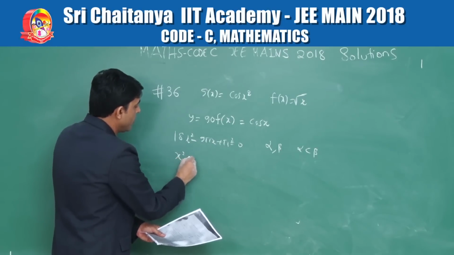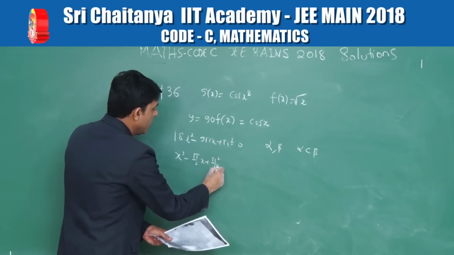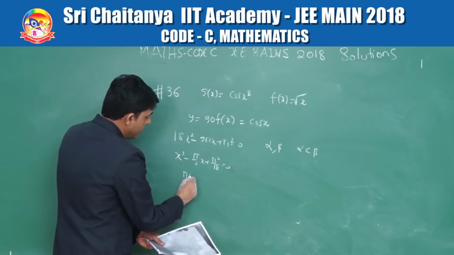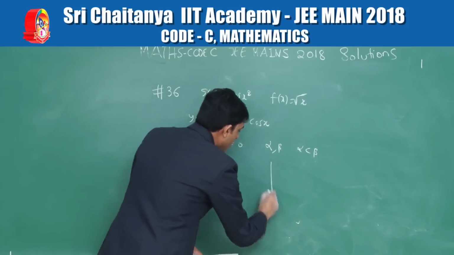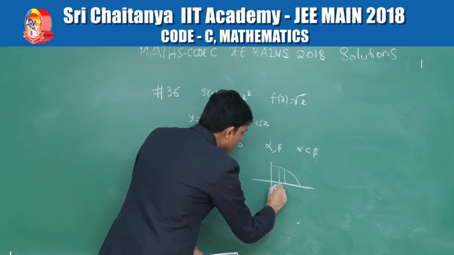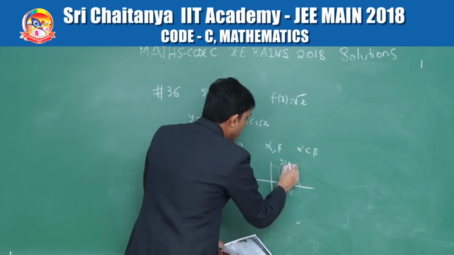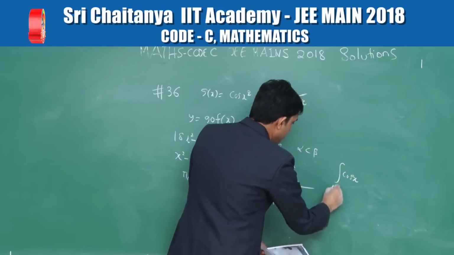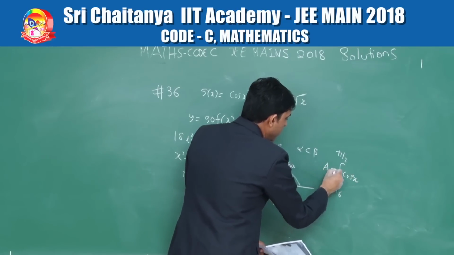We can write x square minus pi over 2 x plus pi square by 18, and the roots happen to be pi by 3 and pi over 6. So now your area happens to be between pi over 6 and pi over 3, so that curve is y equal to cos x, and its integral of cos x from pi over 6 to pi over 3, that's your area.